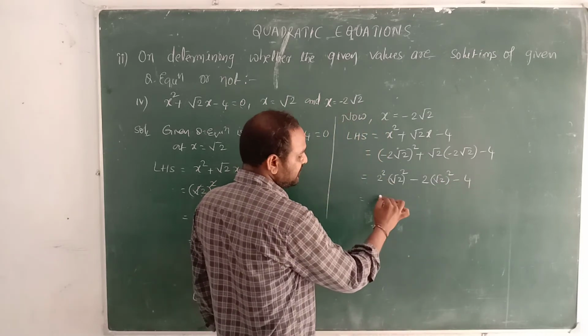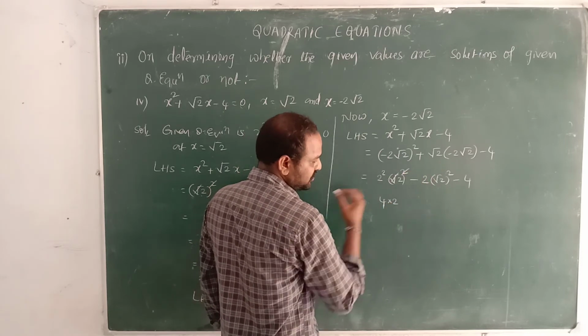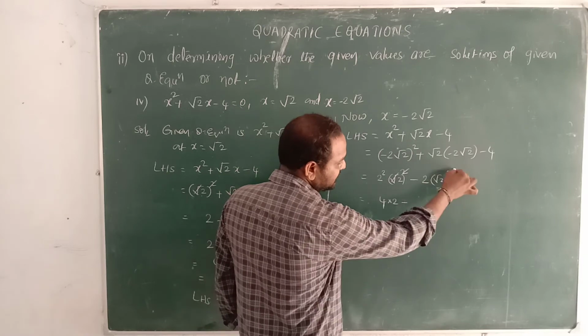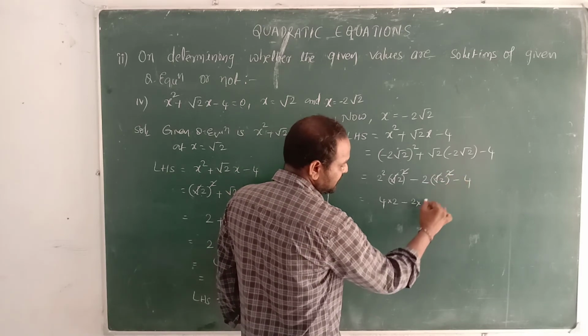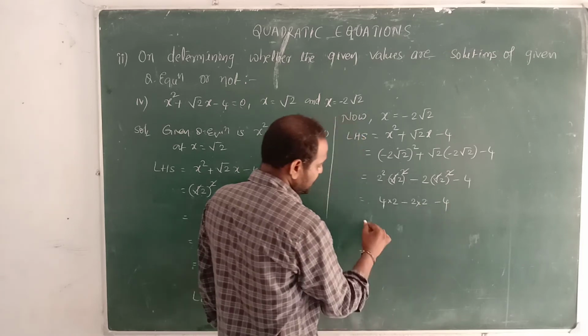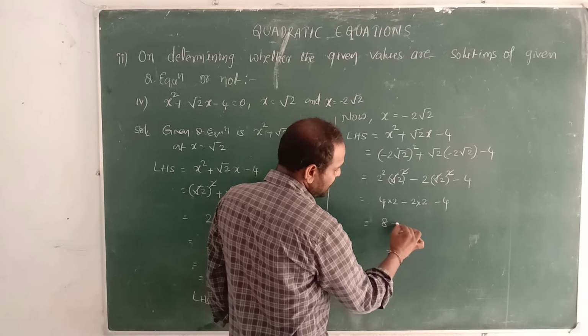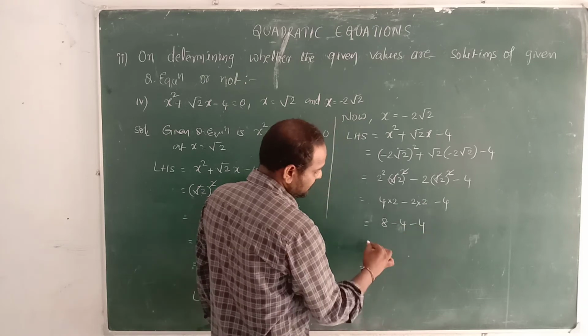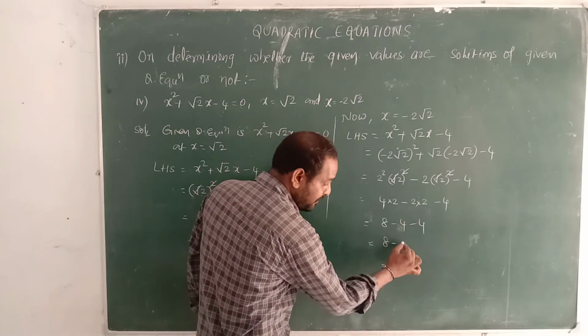So here 2 square means 4. Square and root get cancelled. Then the remaining term 2. Minus, here also square and root get cancelled. Then the remaining term 2 into 2 minus 4. So here 4 2s are 8, minus 2 2s are 4, minus 4. That is equal to 8 minus 4 minus 4. Totally minus 8.